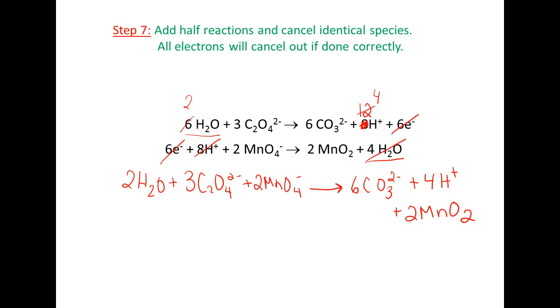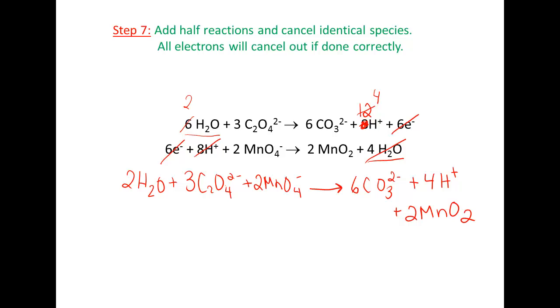It's okay for your answer not to contain any of the abbreviations. I'm fine with that because these problems are so long. I'm more concerned with your ability to follow all of these steps. So here is our answer. 2 H2O plus 3 C2O4 2 minus plus 2 MnO4 minus gives us 6 CO3 2 minus plus 4 H plus and 2 MnO2.